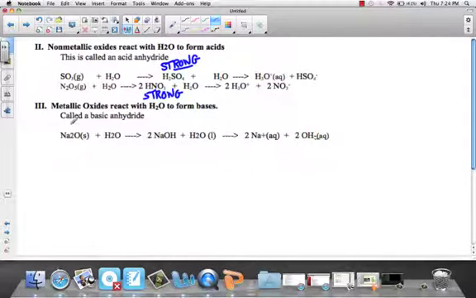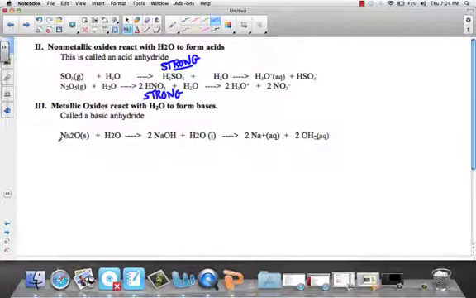Metallic oxides are the opposite. If you know nonmetallic oxides combine with water to form an acid, then metallic oxides combine with water to form a base. These are called your basic anhydrides. So here's a metallic oxide.